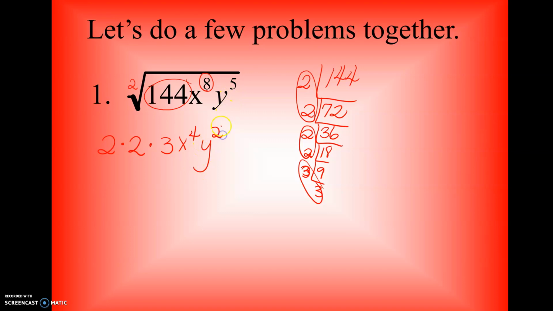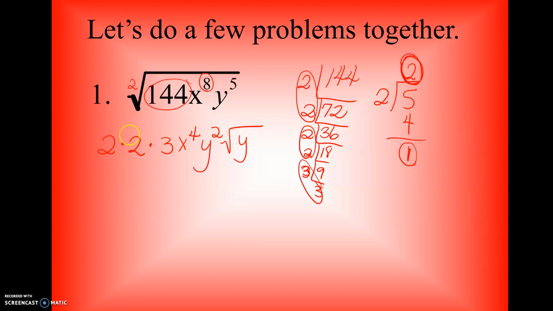So that's how many pairs I have, but 1 y is left over, because if I take 5, divide it by 2, I get 4, and a remainder of 1. So here's the power of what's outside, because that's how many total pairs I have, and this is the power of what's inside. Notice this power here is not greater than the index of 2.